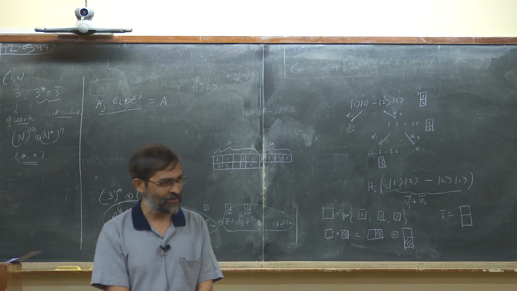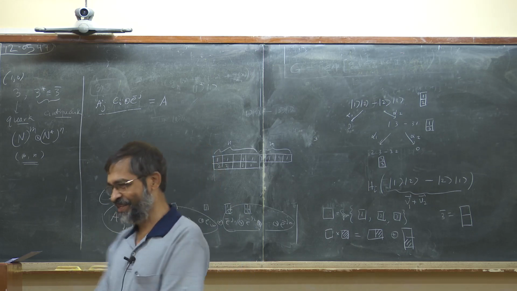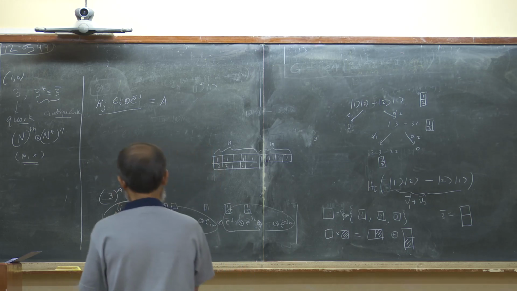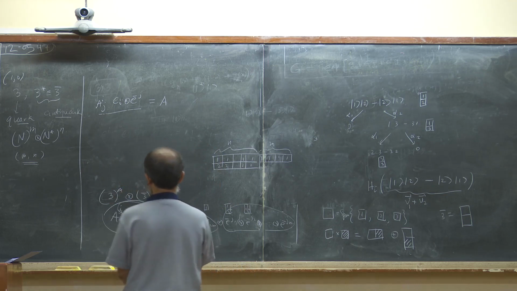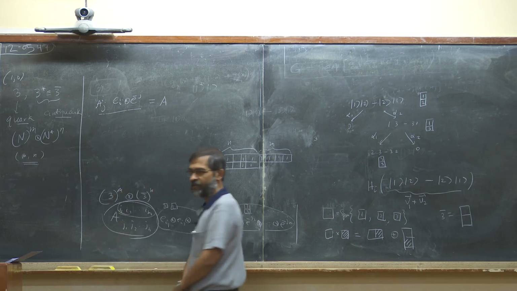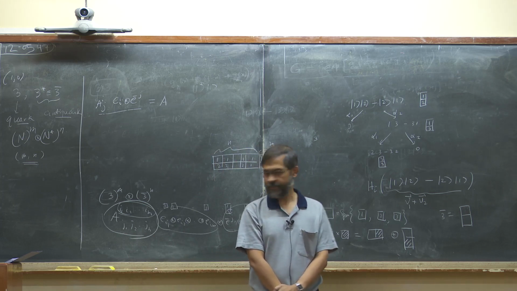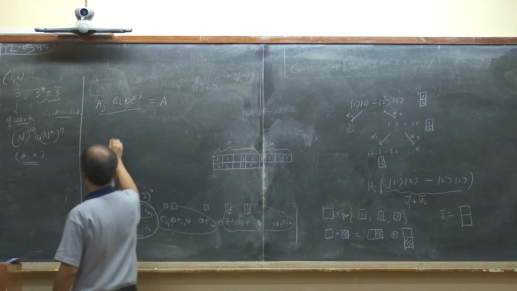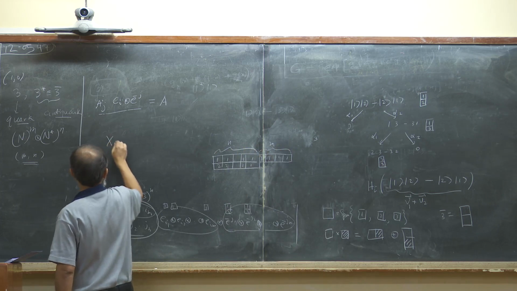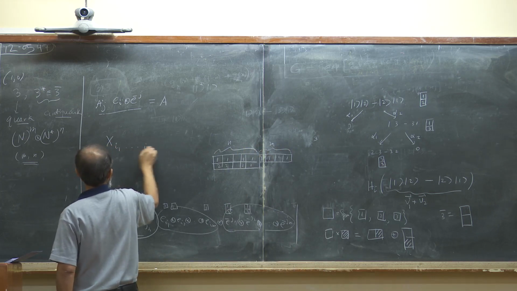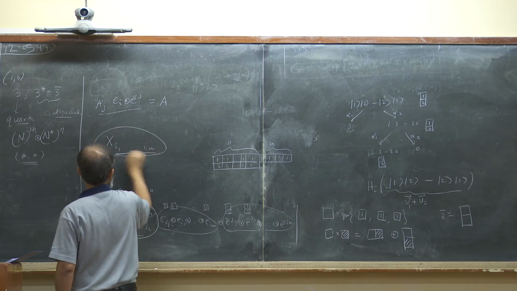Can somebody say what is the dimensionality of that vector space of a symmetric tensor with m indices in 3 dimensions? So, let us say I have some x, I1, Im. This is symmetric.